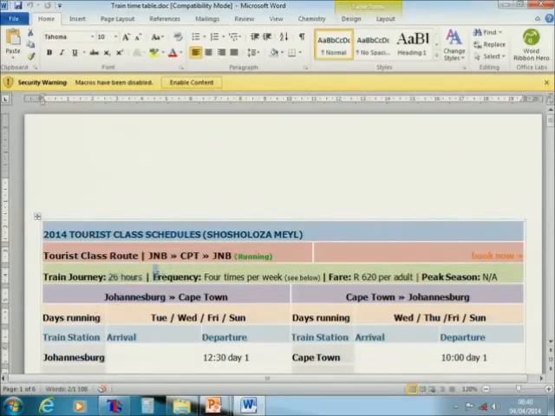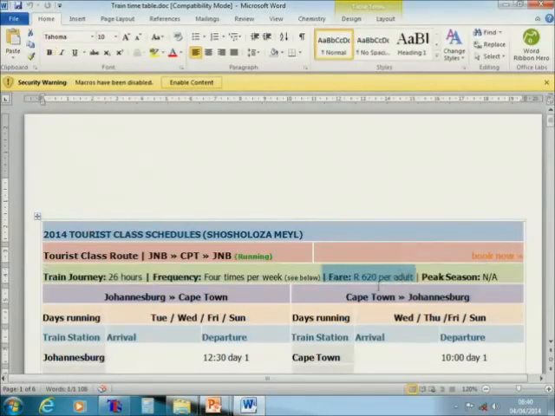Then the frequency: how many times does the train leave per week? It's 4 times per week. Then the fare. The fare is 620 per adult. We will go down and understand further about this fare, but it's there.